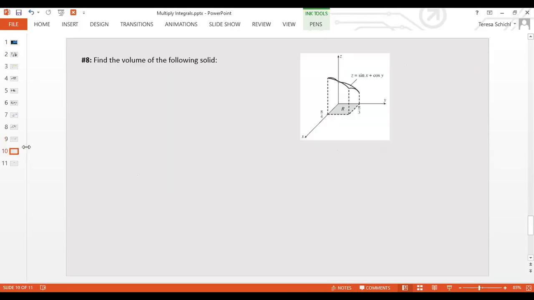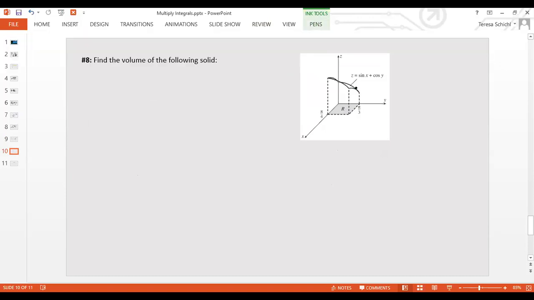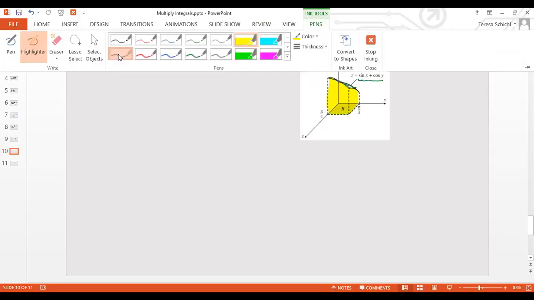Okay, so now let's take a look at one more example here. It's find the volume, right? Your top surface is z equal to sine x plus cosine y. When they say find the volume, that means you find all the volume under this surface over this region, right?